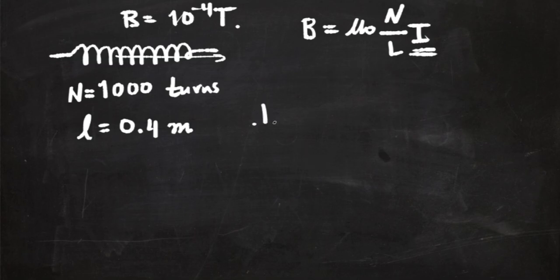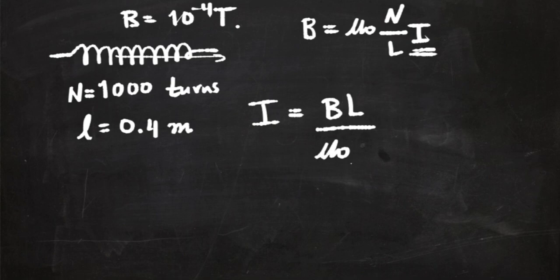Equation for current. So we'll get BL over mu naught N. L comes to the numerator, mu naught and N go to the denominator.